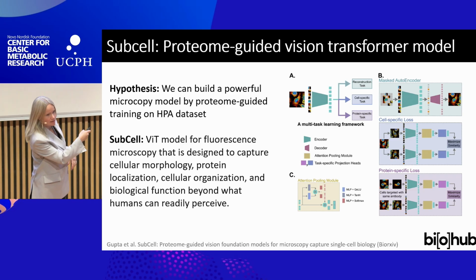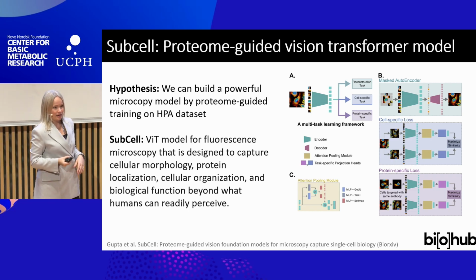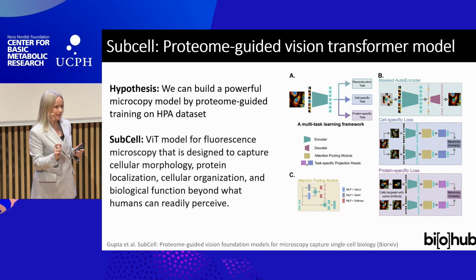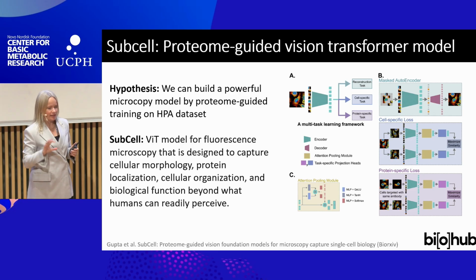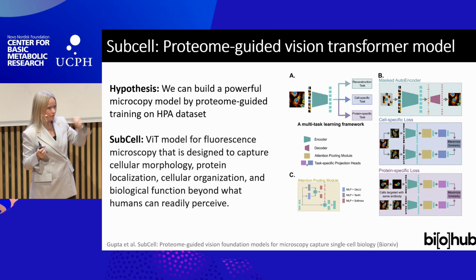So it's a classical masked autoencoder vision transformer. What is important is this protein-specific loss. We make the assumption that localization is conserved in our cells. So if we take protein A in cell type X, it's more likely that the pattern of protein A in cell type X will be similar to the pattern of protein A in cell type Y. So they are supposed to be more similar than to protein B, for example.